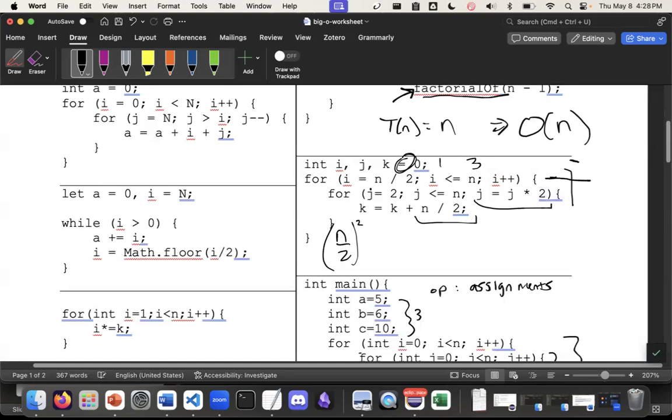So this outer for loop, we start at n but at a half. And then we go up to n. So in that case, we end up doing this n over 2 times, right? Since we start at half and work our way up.